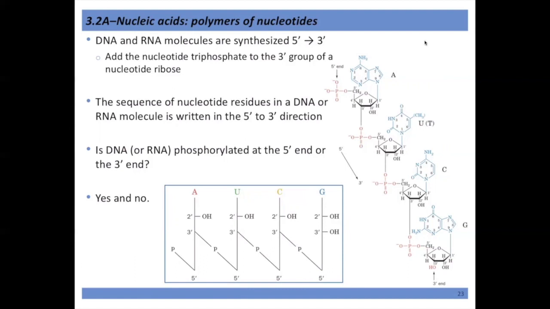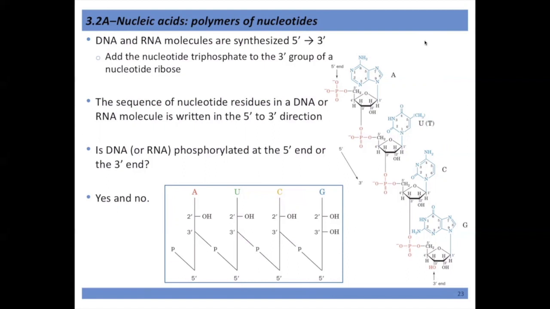So when we write out DNA again, it is always assumed that you're writing it from the 5' end to the 3' end. So in this case, this sequence would be an A, U, C, and G. And we're dealing with RNA here.